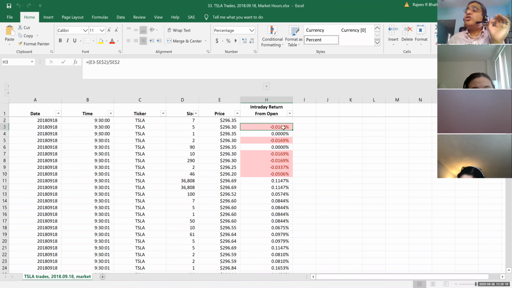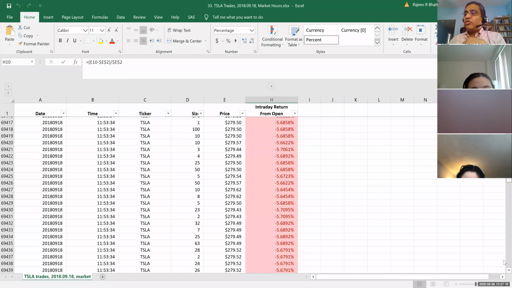So what we are trying to understand is intraday return from open. Over here it's $296.30. How much of a return is that from the opening price of $296.35? It is negative 0.0169%. Similarly, this number here is the return from the opening price of $296.35.